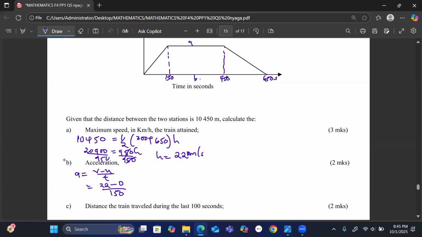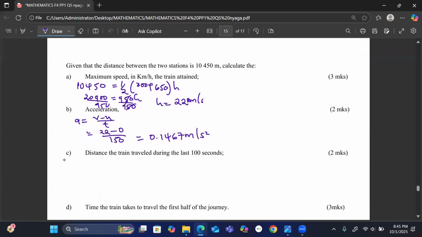So we shall have 22 divided by 150. Therefore, we are going to have 0.1467 meters per second squared. So that is the acceleration.